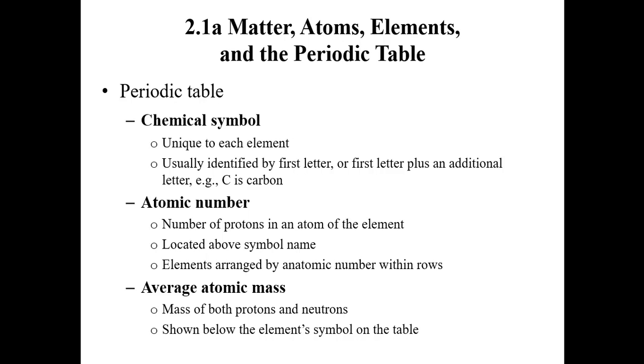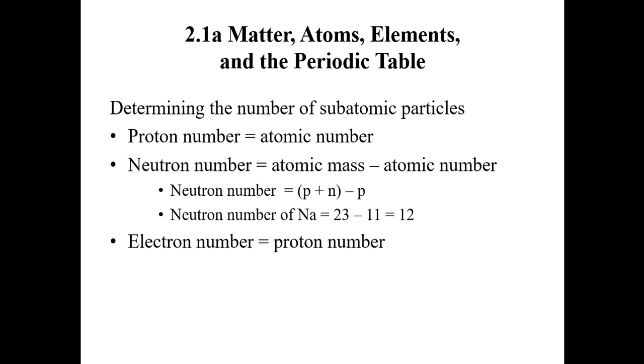And a moment ago I told you that the atomic mass is based on the nucleus. And the atomic mass is based upon the mass of the protons and the neutrons. So this is the kind of math that you're likely to come across on a test. We've already said that the proton number is the same as the atomic number.